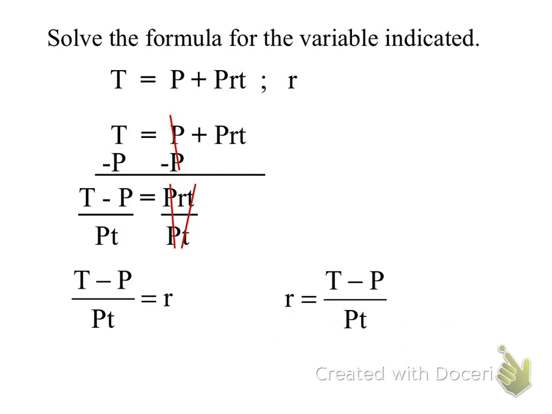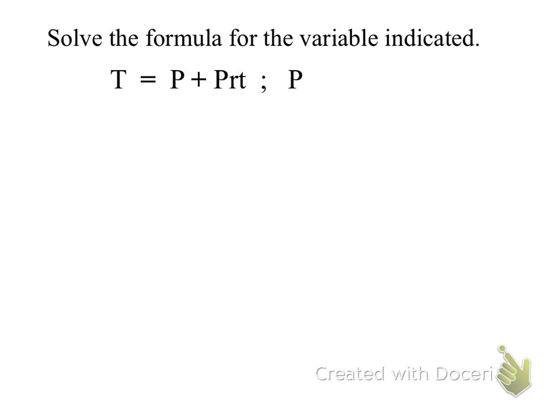Okay, now R is given in terms of T, P, and little t. All right, this one's a little bit trickier because now they need a P, and a P is in here and in here. That's the same thing. So I'm noticing the same number in both. Does anybody think they know what we could do?